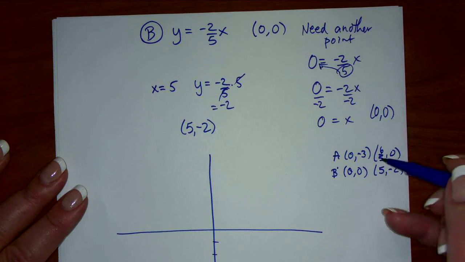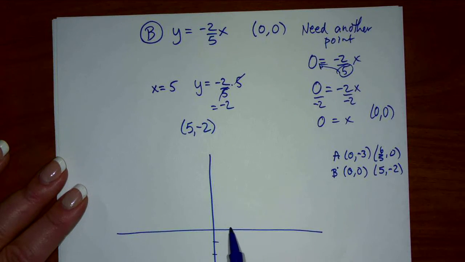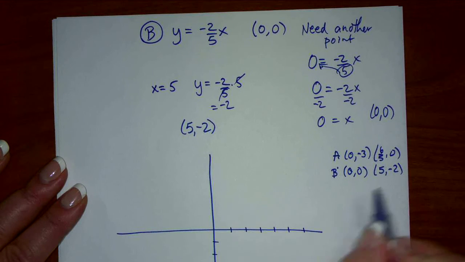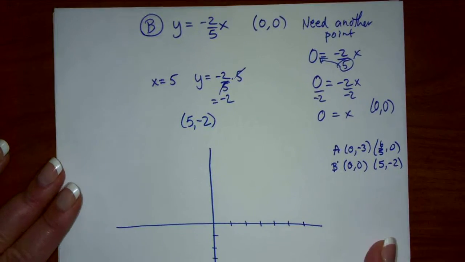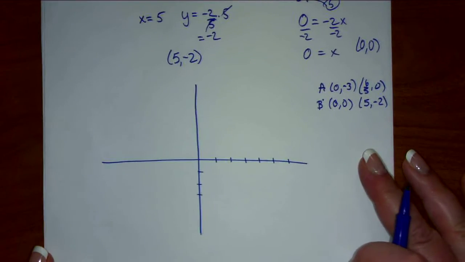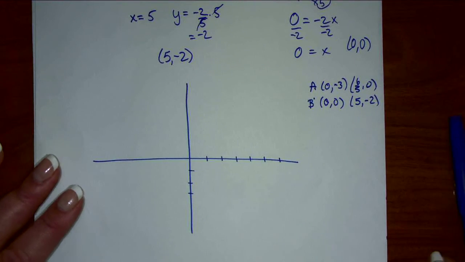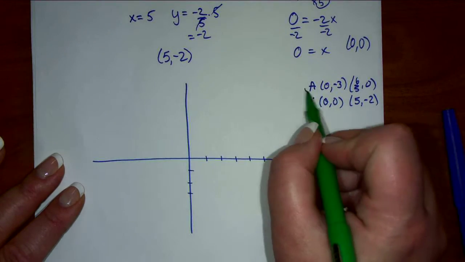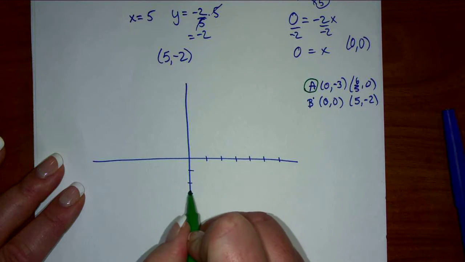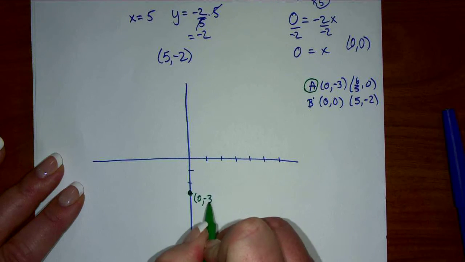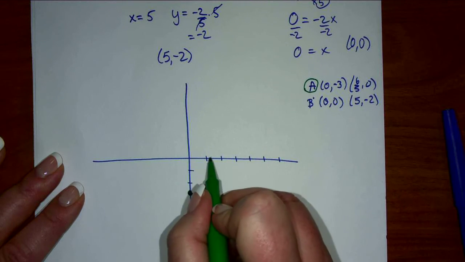And we're going up to 5. The other y value is -2. So that's really all we need on our graph. So line A, 0, -3. And 6 over 5 is a little bigger than 1.